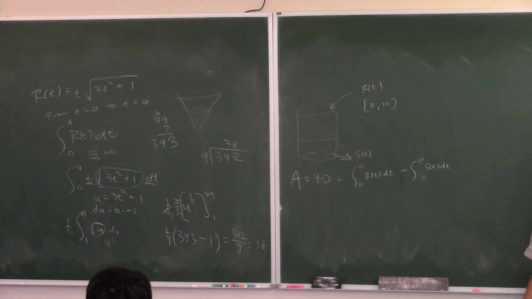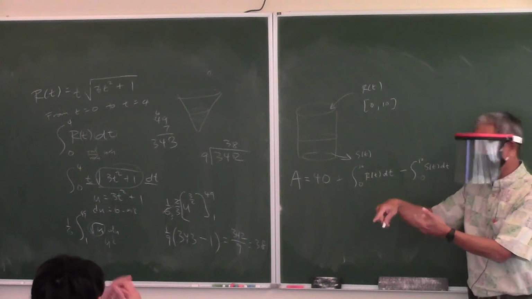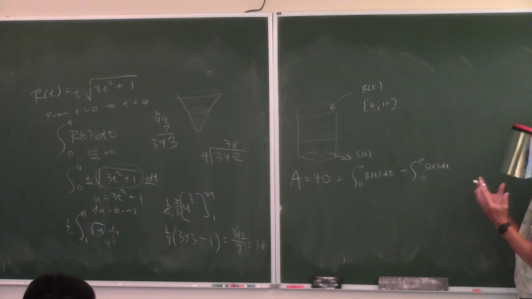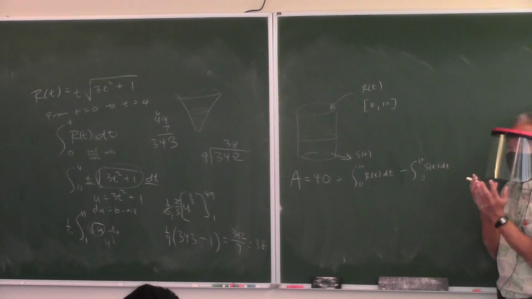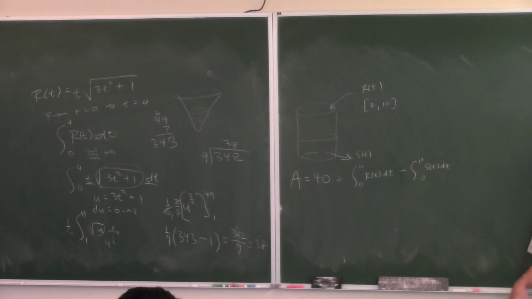This is how much water is in the tank at the end of 10 minutes. This is understandable, right? How much you start with, how much was added in, and then how much was taken out. So if you're given a rate to find out how much was done or accumulated, you do an integral.